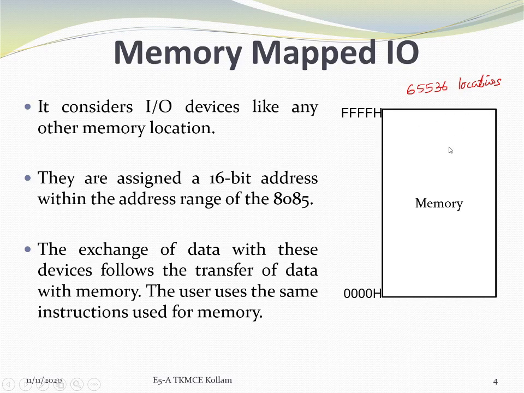Out of these 65536 locations, some locations are provided for I/O devices. So I/O device is also treated as a separate part of this memory location which is coming in this range. So all the instructions which can be used for memory related operations are also used for I/O data transfer when we are using this scheme.